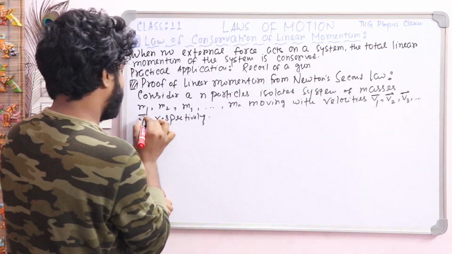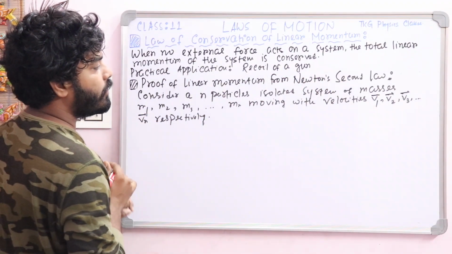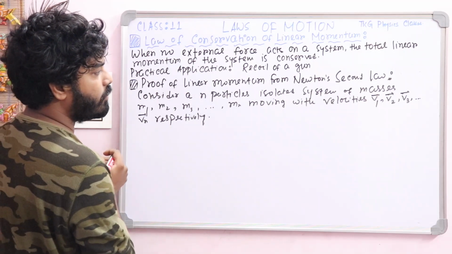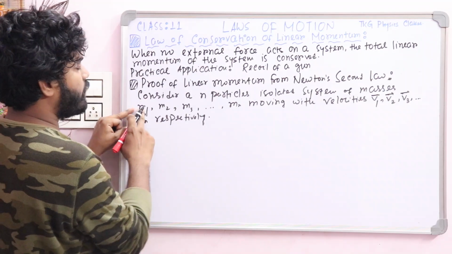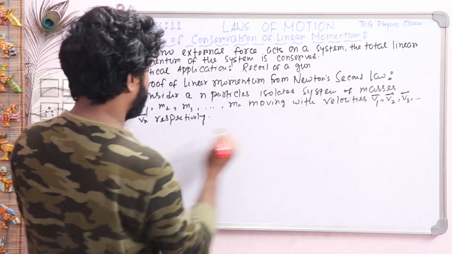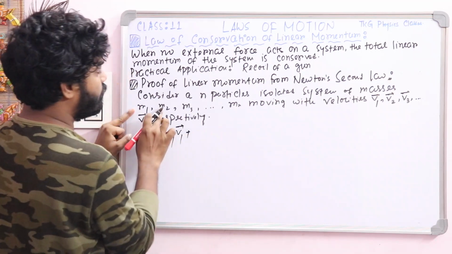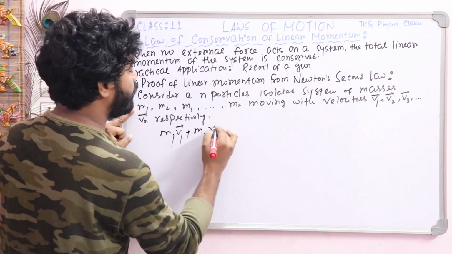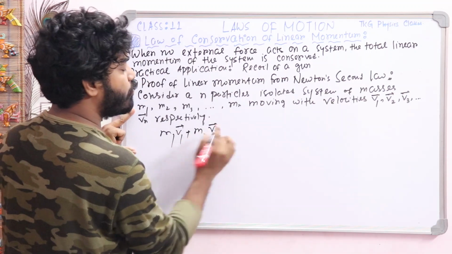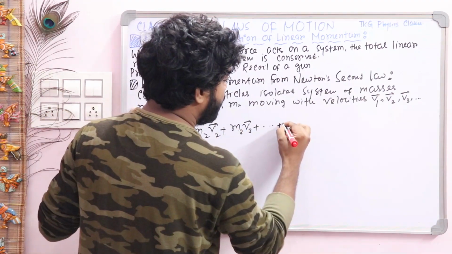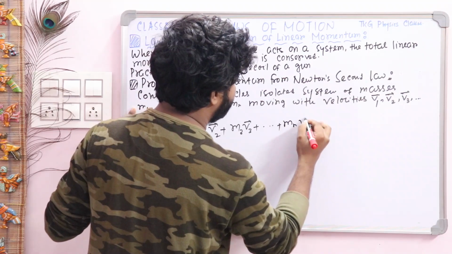Velocity is a vector quantity. Now you see what is the total momentum here for this n particle system. For the first particle, mass m1 moving with velocity v1, so momentum is m1 v1. For the second particle, mass m2 moving with velocity v2, that is m2 v2, like this m3 v3, and finally mn vn.